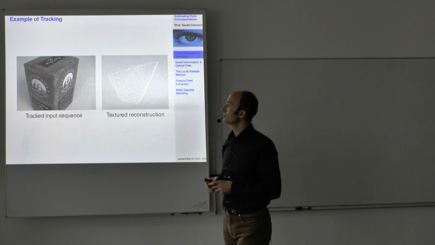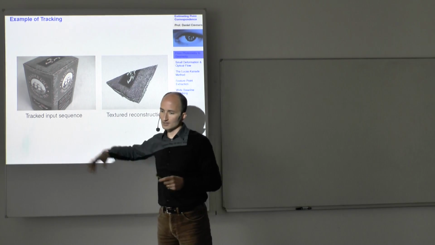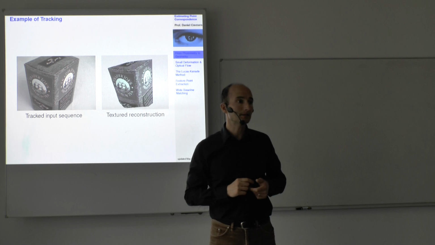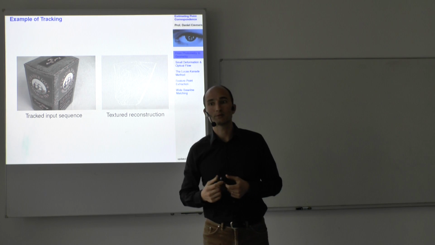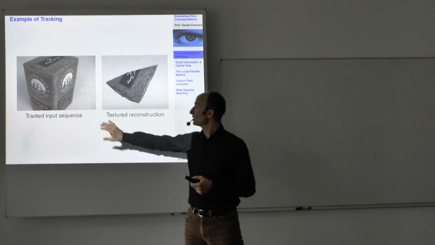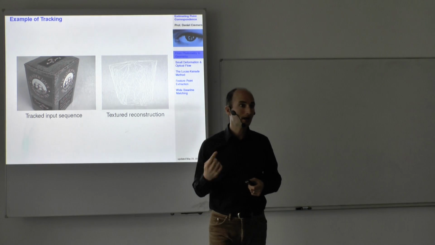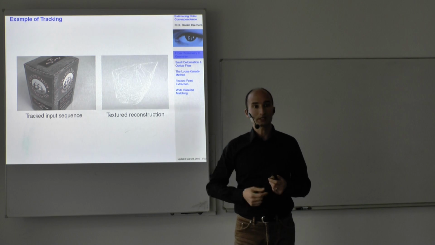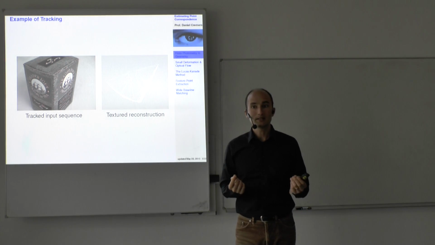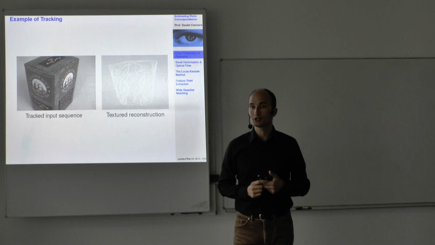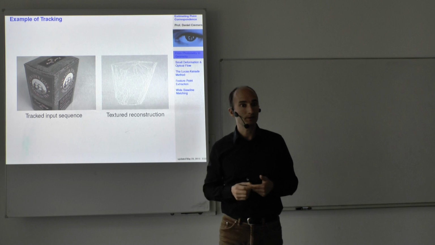The way nowadays we can assure, even in more challenging scenarios, that we have small displacements is by taking cameras that have higher frame rates. So interestingly, computer vision becomes easier with higher frame rate. If you have not 30 images a second, but 60 images a second, then typically the displacement from one frame to the next is only half as large if you have the same camera motion.